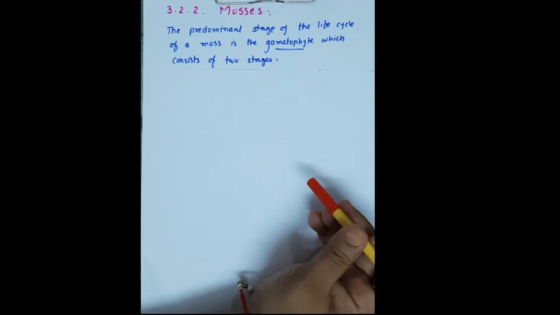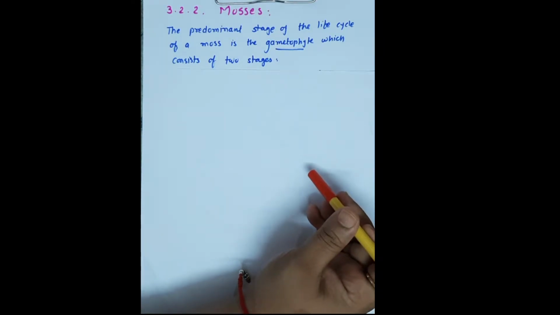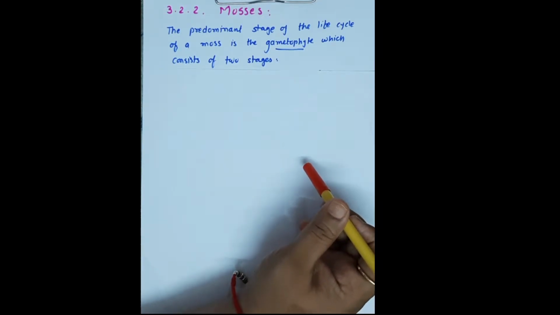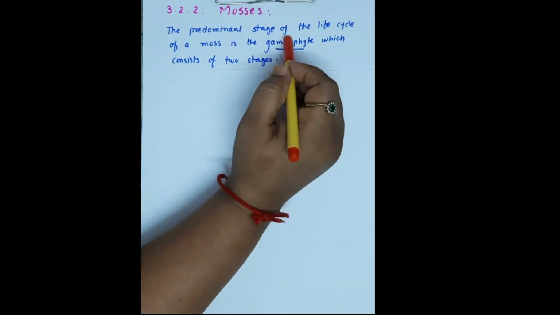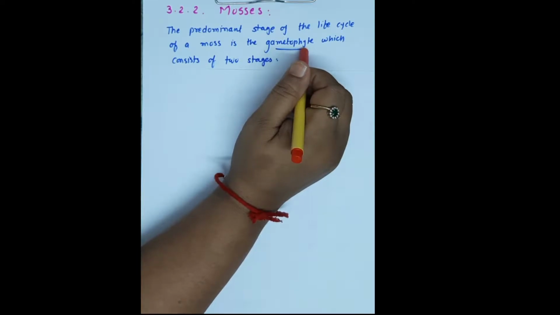Today we'll discuss a class of bryophyte, that is moss. In moss, the predominant stage of the life cycle is the gametophyte.